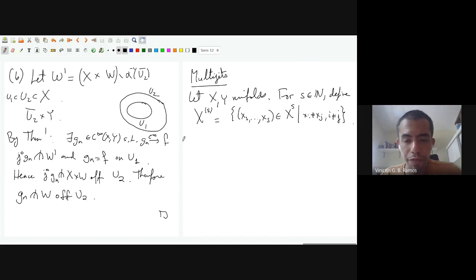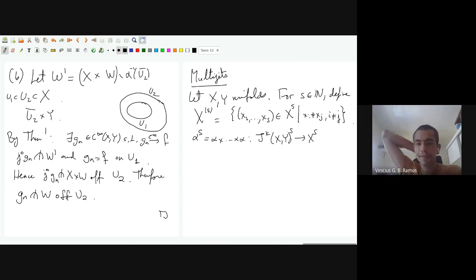Now we can define alpha s, which is just the function alpha times alpha, s times. So this goes from the space of k jets to the s to X to the s. So this is like the set of s alphas.